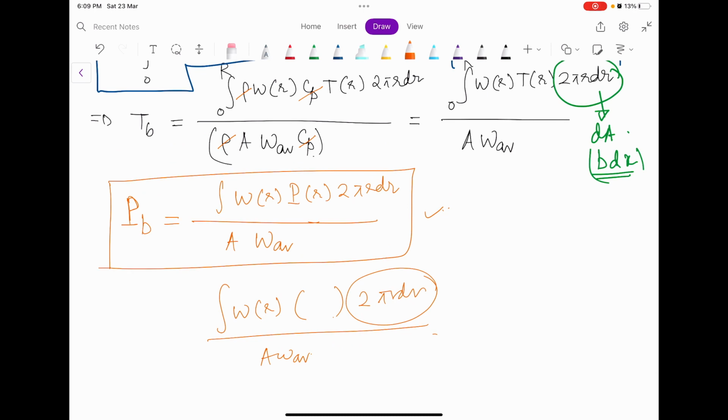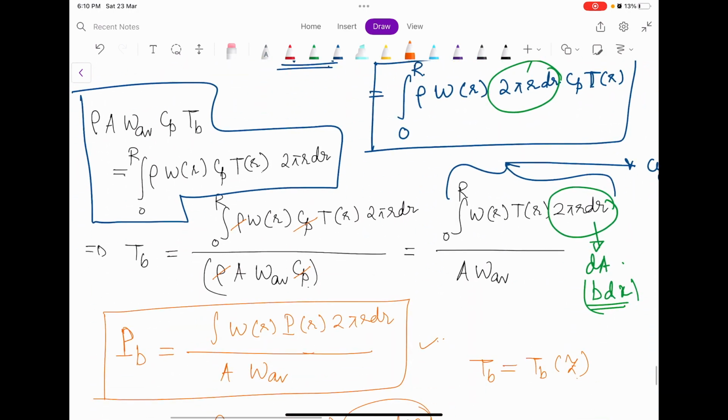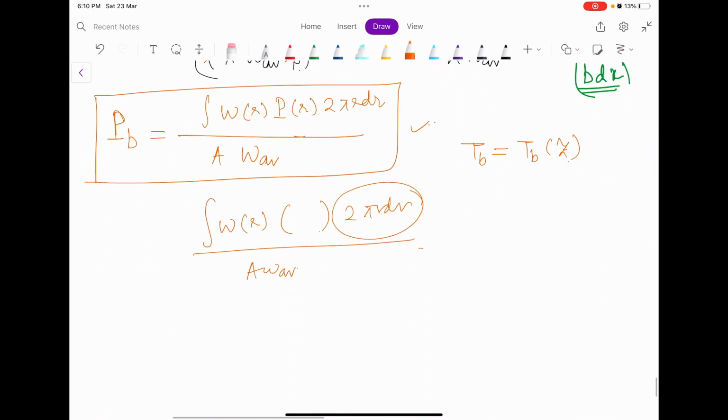Okay, so now I have told you this bulk mean temperature concept, right? So now you tell me, this Tb is a function of what? This Tb is a function of only z, because for this pipe flow problem, T is a function of both r and z.